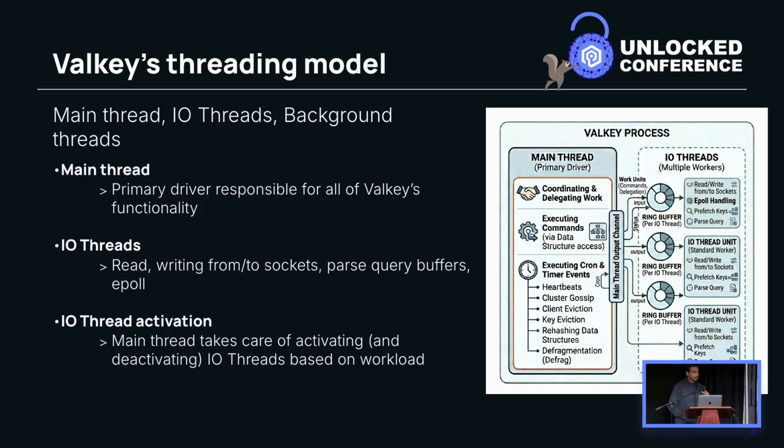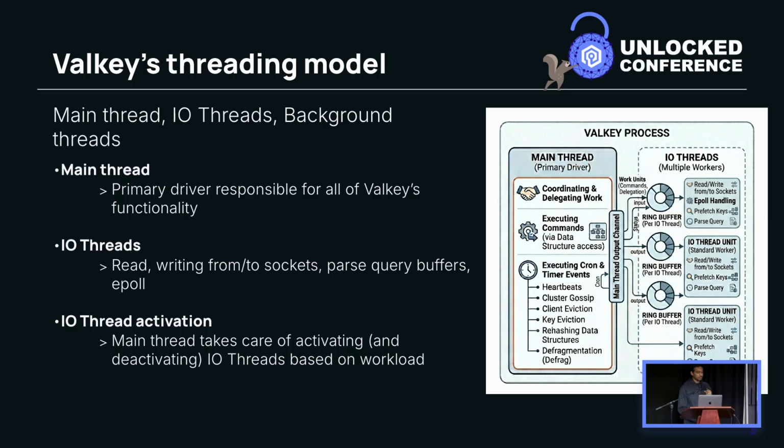To understand the responsibility of each of these, the main thread is the core of Valkey. It is the one that keeps Valkey functional, right? The main thread is primarily responsible for accessing the data structures and processing the commands. So this could be sets, gets, or any other commands that you execute on Valkey.